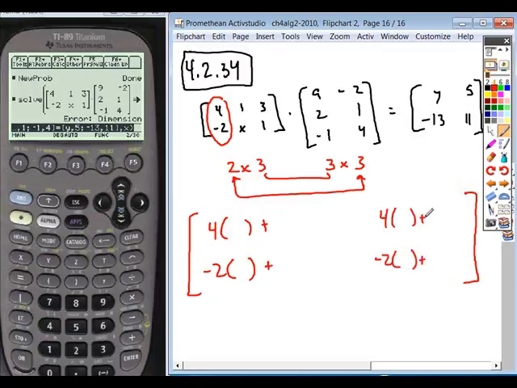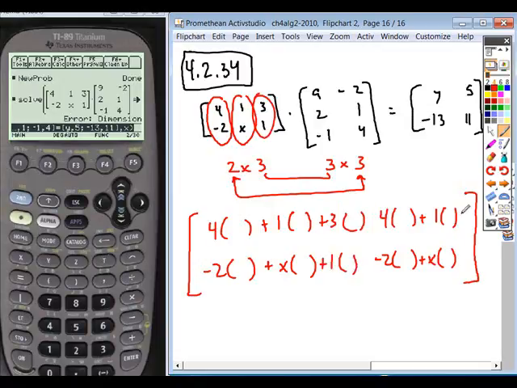Okay, and then we move to the second row of information. So 1 and x, 1 and x, and then we go to our last set, and we put our 3 and 1. Do the same thing here. I'm going to move this back a little bit.